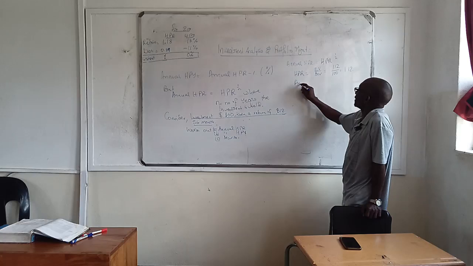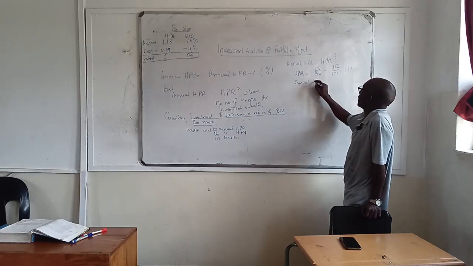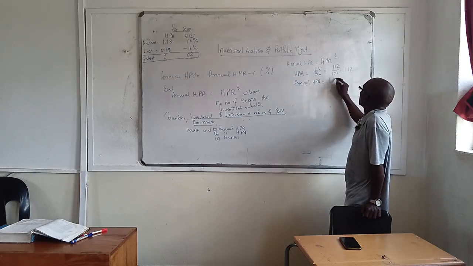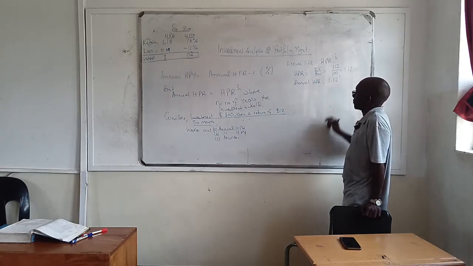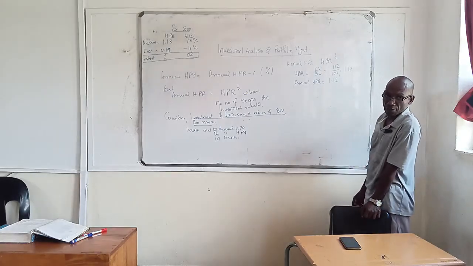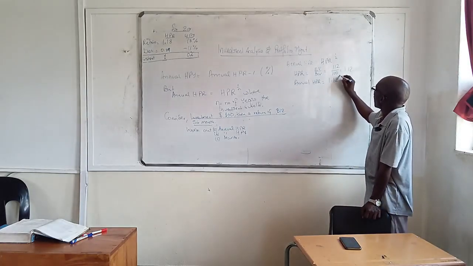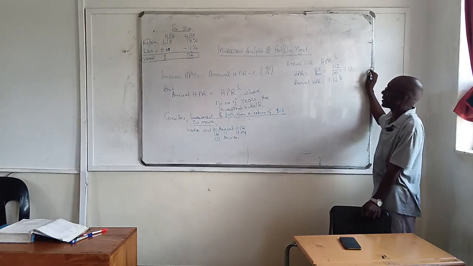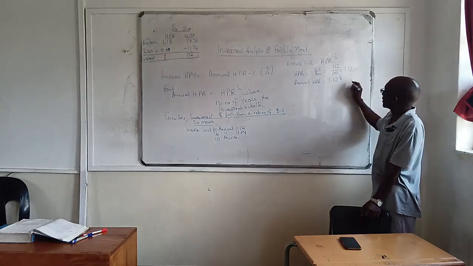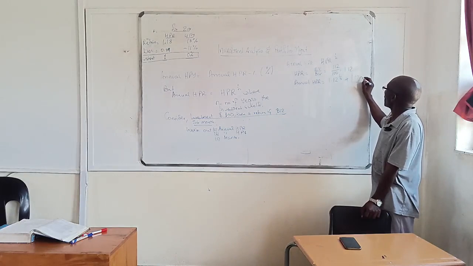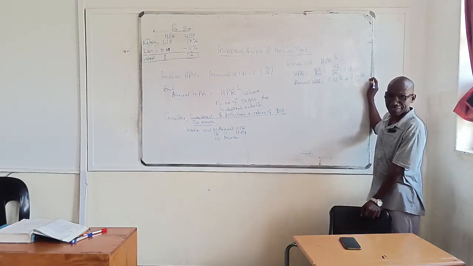But now to find the annual HPR, it is 1.12 to the power 1 over what? 6 months is how many years? It's half. So 1 over half, which is the same as 1.12 to the power 1 over 0.5.